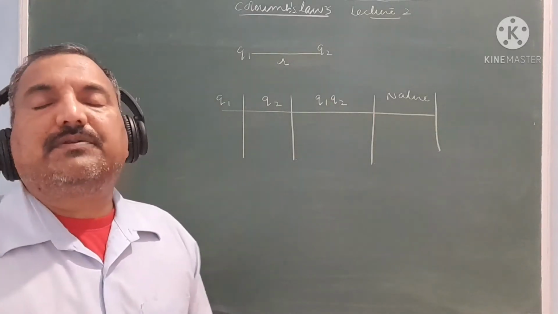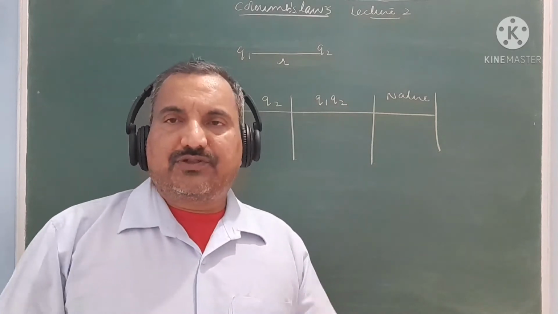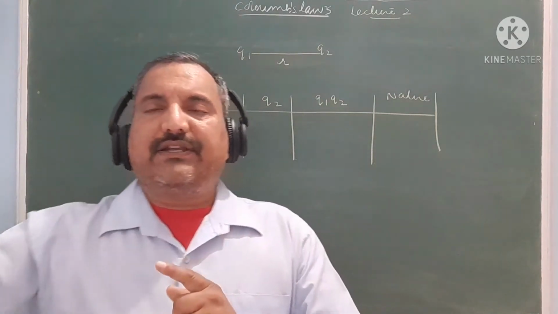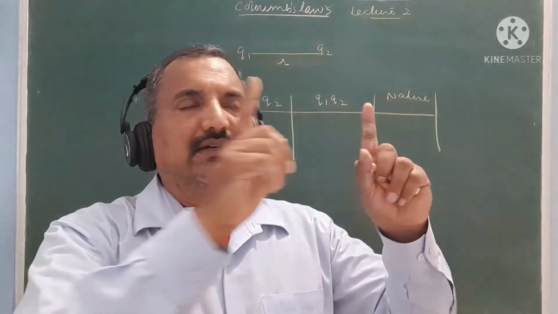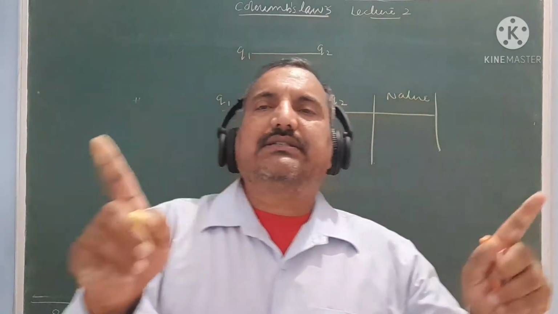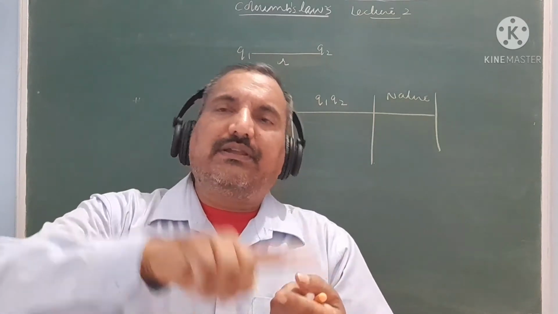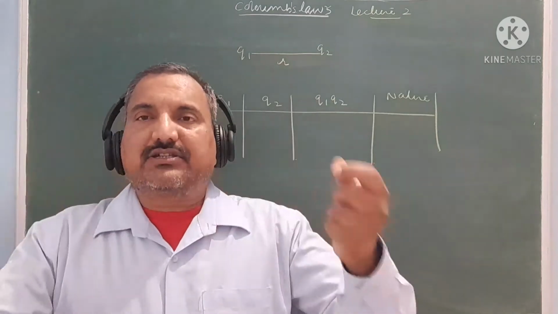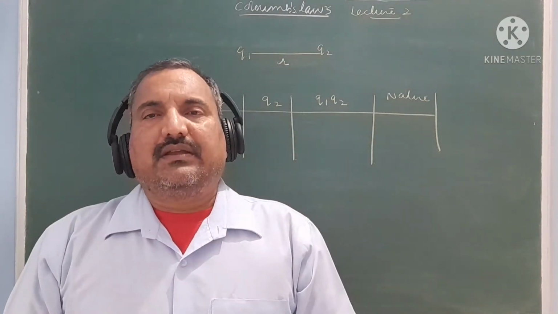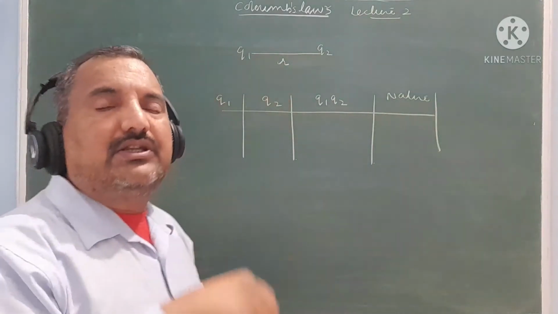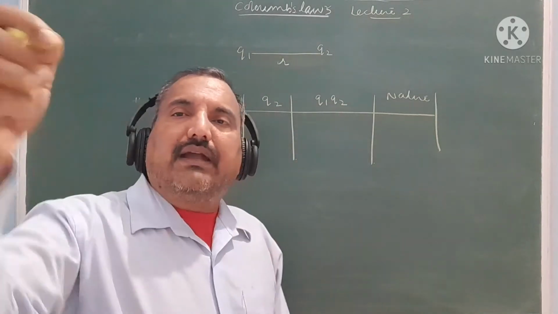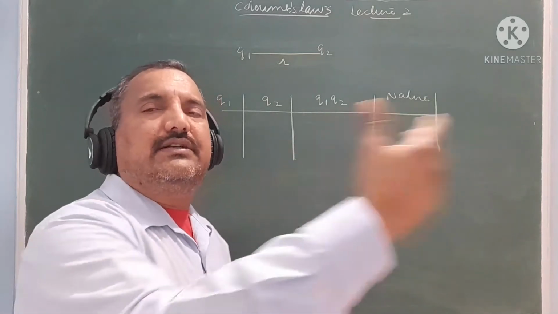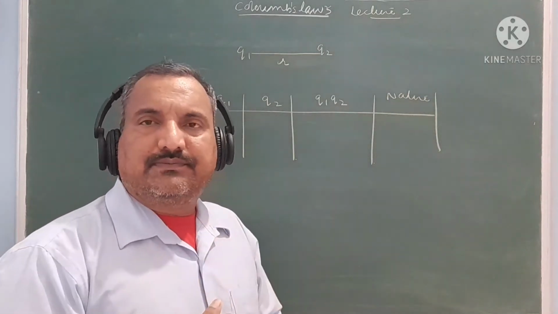Generally, I have seen many people find difficulty in deciding what kind of force is there. According to the definition, two charges in space separated by distance r will have a force of attraction or repulsion. To solve the numerical, the magnitude and direction play a very critical role.